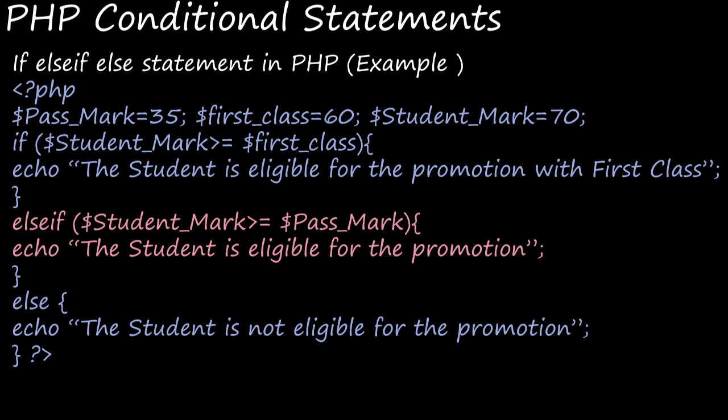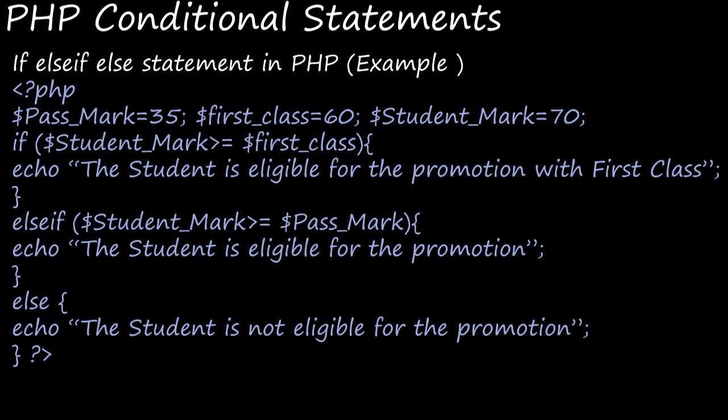First it will check whether the mark is above the first class marks. If it is not, then it will check the next condition. If the mark is above first class, the first set of statements will be executed and then the process will stop. If not, then it will go for the second condition.